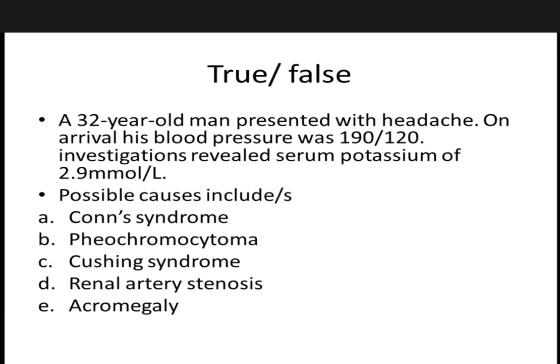Okay. So can we go through a couple of MCQs? We have a 32-year-old man presented with headache. On arrival, his blood pressure was 190 over 120. Investigations revealed serum potassium of 2.9.